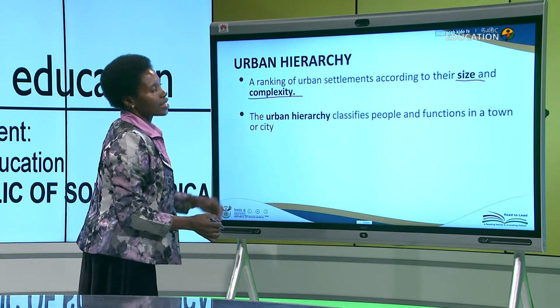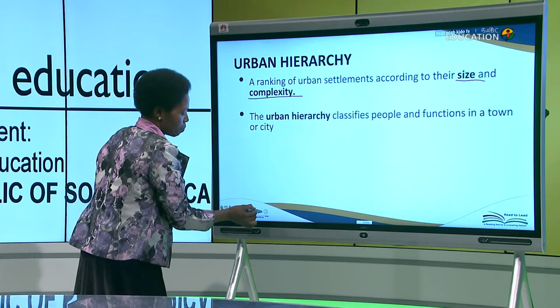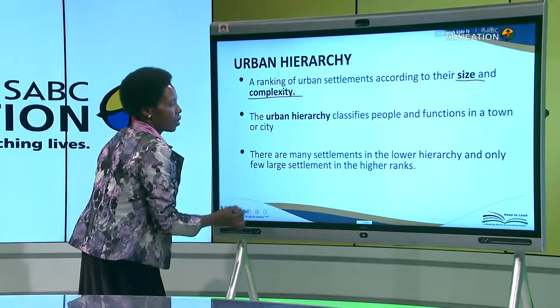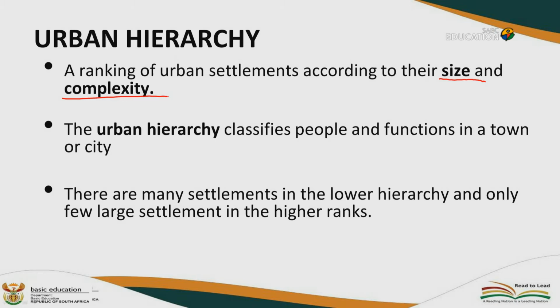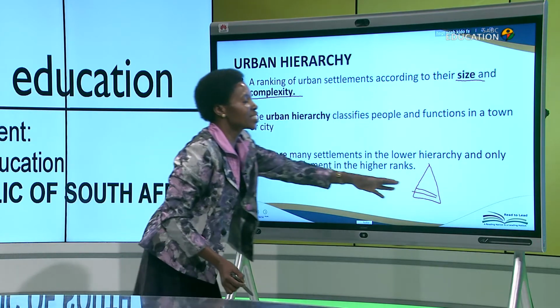The urban hierarchy is classifying people and function in a town or a city. When I was explaining to you, I indicated that in the pyramid that we had that time, on the lower hierarchy, which means at the bottom of the pyramid, we have many settlements.